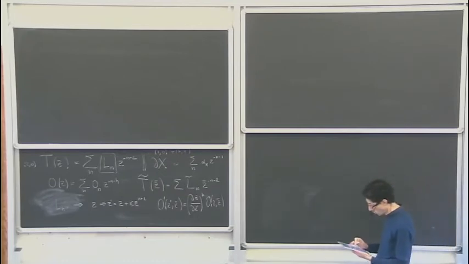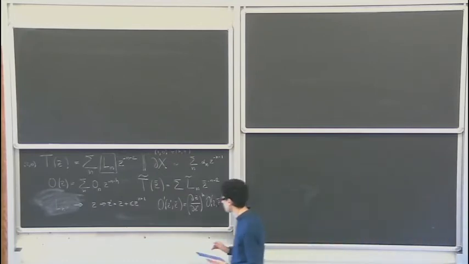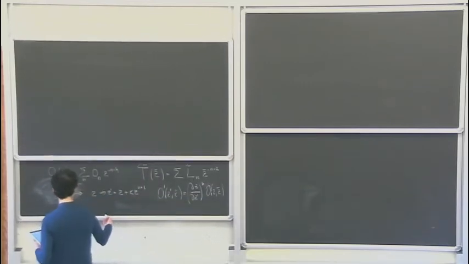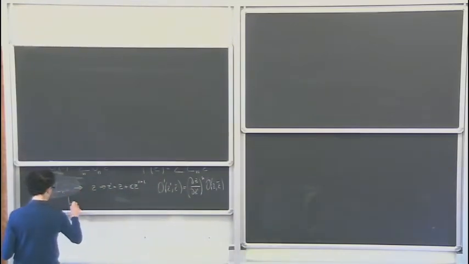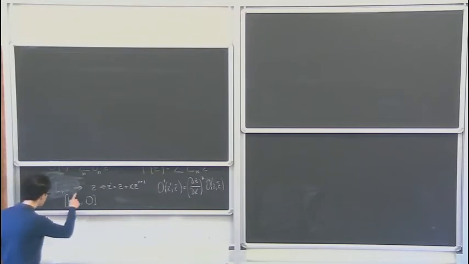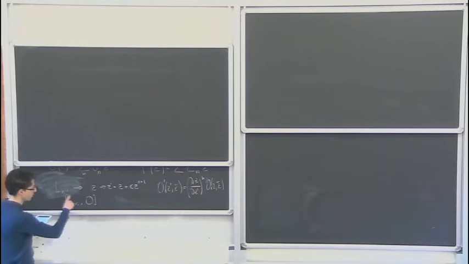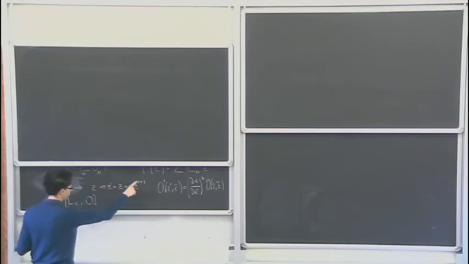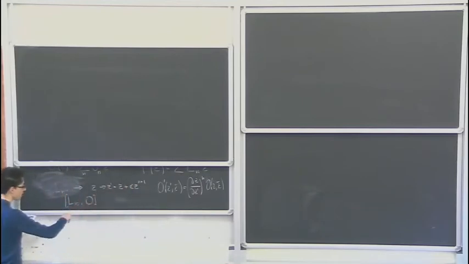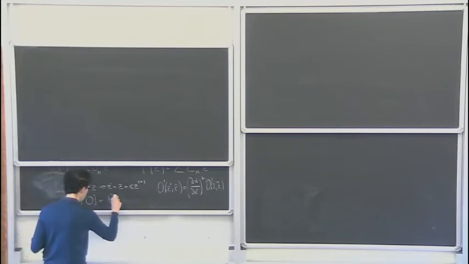So what we want to do is to check that the commutation relation between Ln and O, this is what is induced by the transformation. So if Ln is the generator of this transformation, then the commutation relation between Ln and O should be just the variation of the operator due to this change.